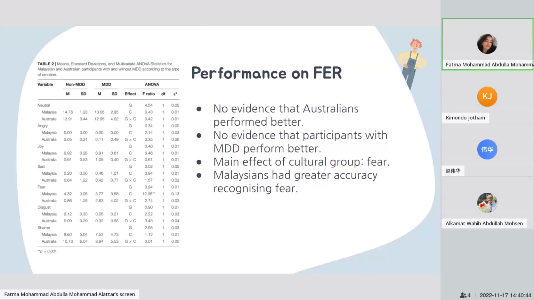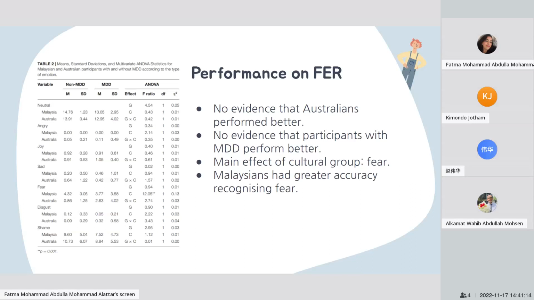So how did they perform on the FER? The analysis displayed that there is no evidence that Australian participants performed better than their peers or that those with MDD had better performance than those without MDD. This is shown in this table, but it's too complicated to read, so I'll just summarize it for you. The table shows the interactions and the main effects I mentioned earlier.